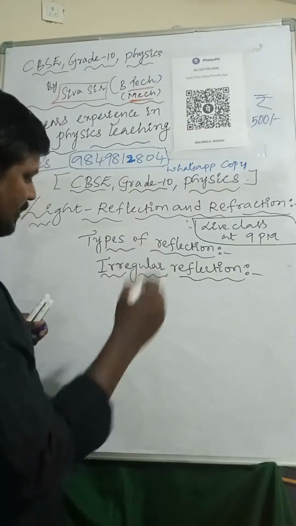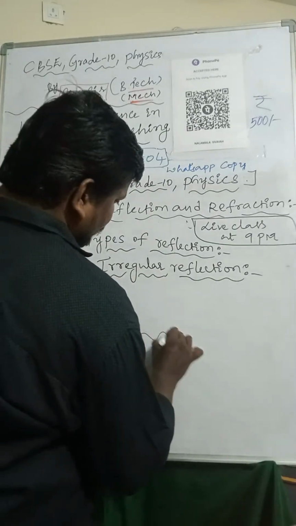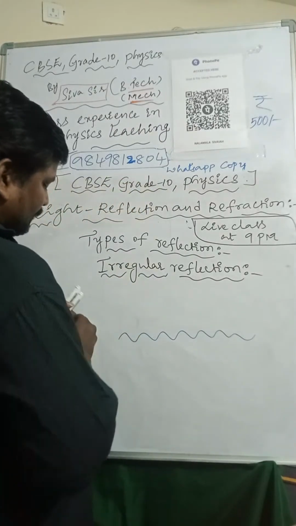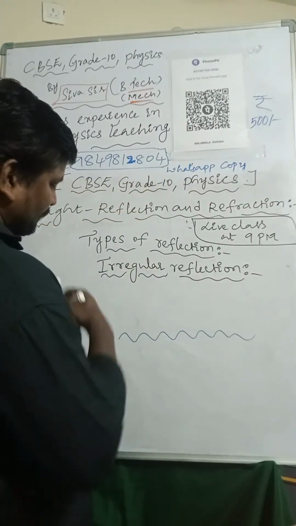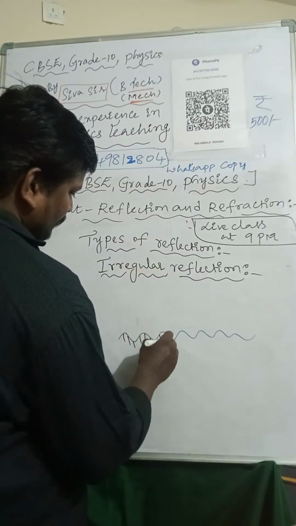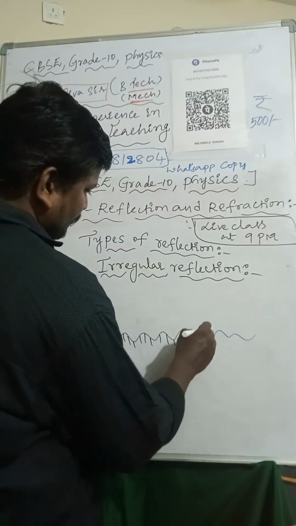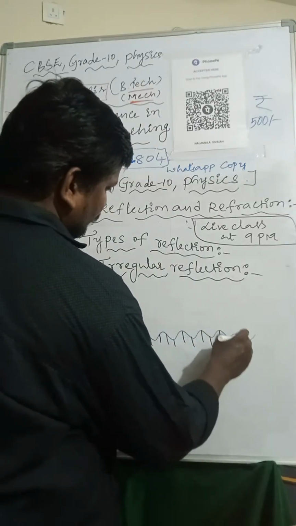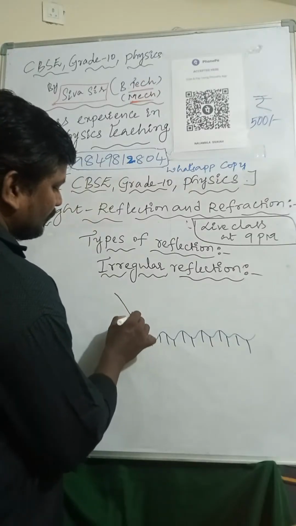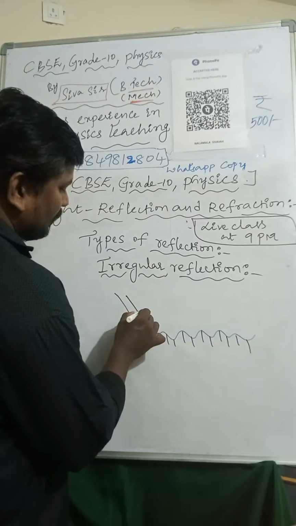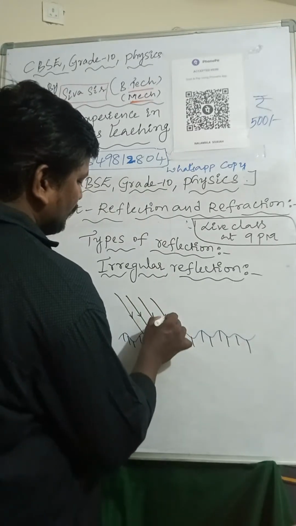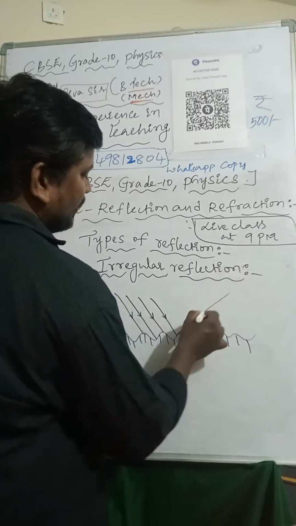I am taking the rough surface here. This is the incident ray, and the reflected rays go like this.